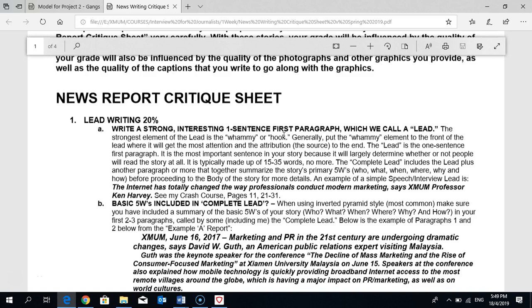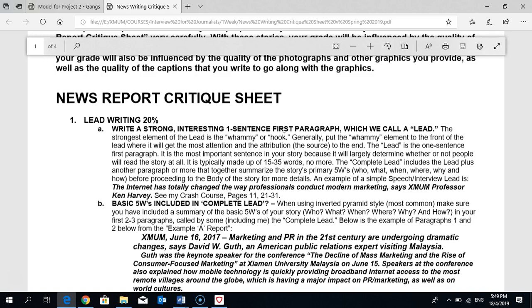And so some newspapers that don't use this approach of having the complete lead, a complete lead is typically at least 2 paragraphs. And so the idea is that you have 2 paragraphs, or even more if you need them, to summarize the story. And the idea of this then is that the lead would not be longer than 35 words maximum.